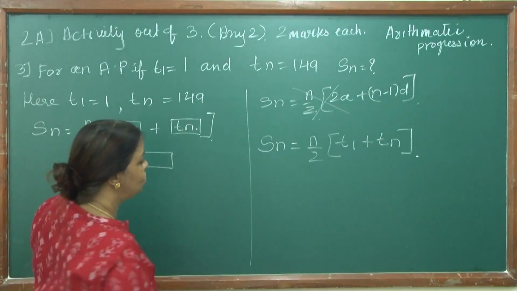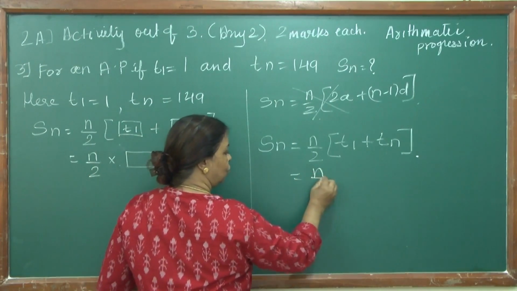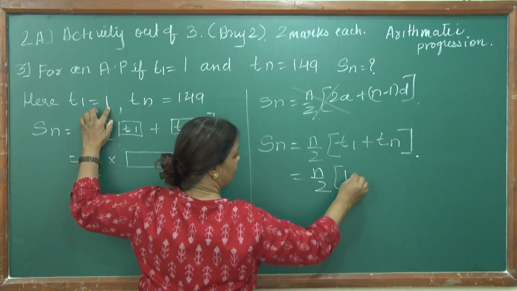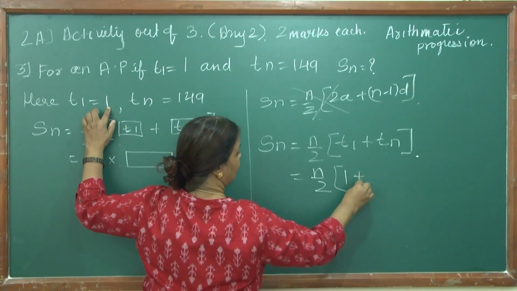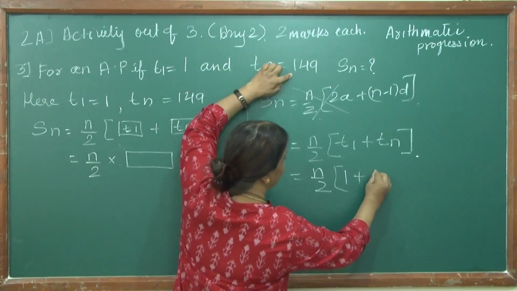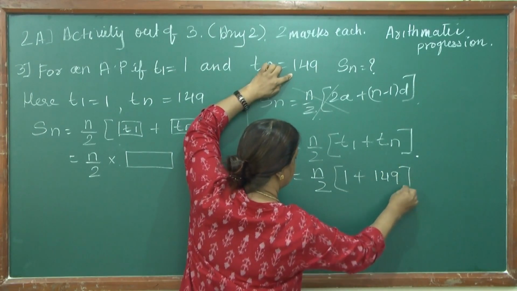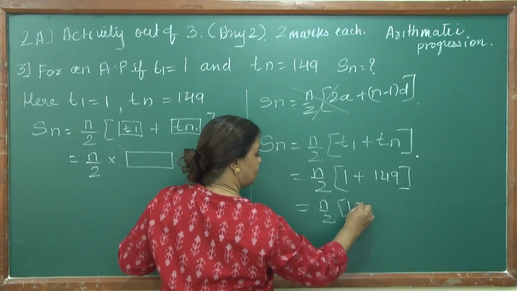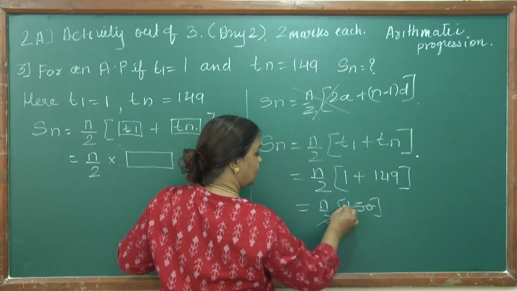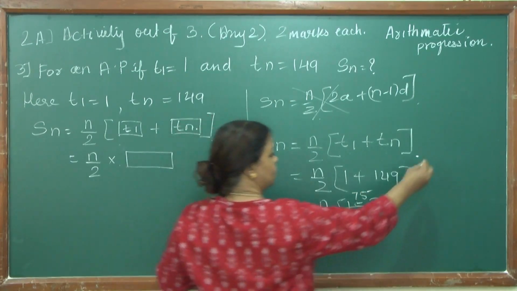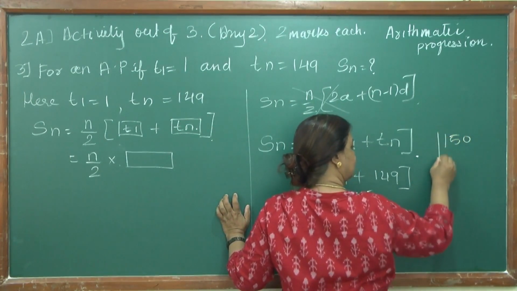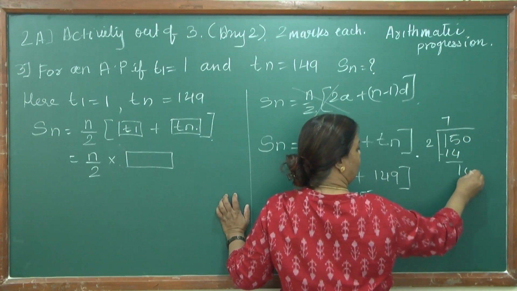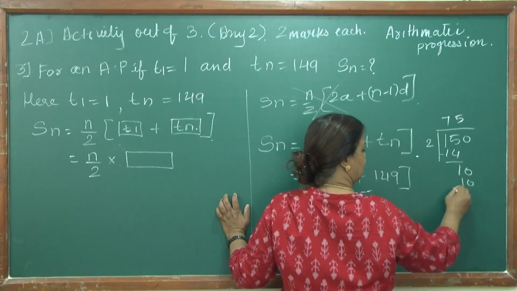Let us place the values here. n upon 2. T1 is how much? 1, plus Tn, which is 149. That would be n upon 2 into 150, since 149 plus 1 is 150. Divide it, 2 sevens are 14, 1 two five is 10.